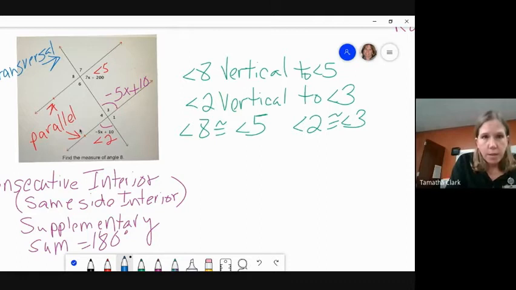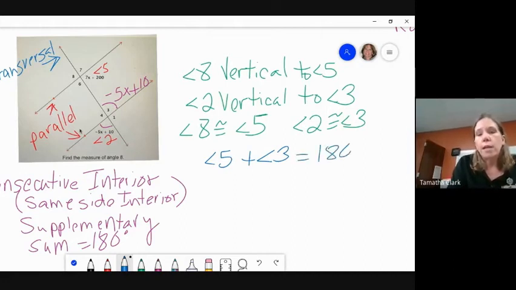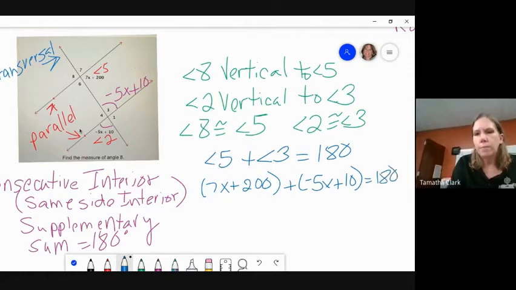So angle 5 plus angle 3, being consecutive interior angles, are going to be equal to 180 degrees when we add them together. Now we can put our expressions in there. So we have 7x plus 200 plus angle 3, negative 5x plus 10, equal to 180.